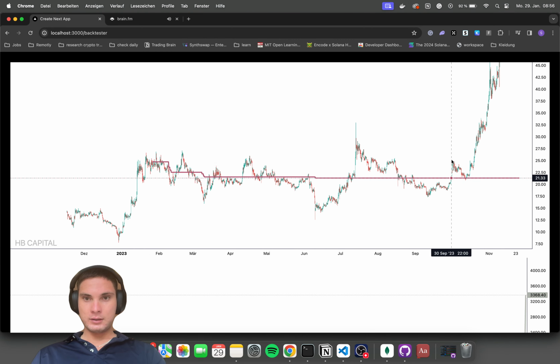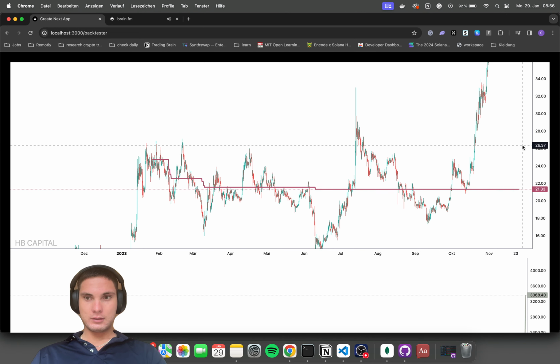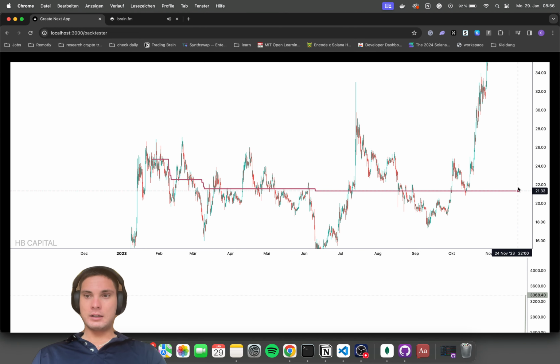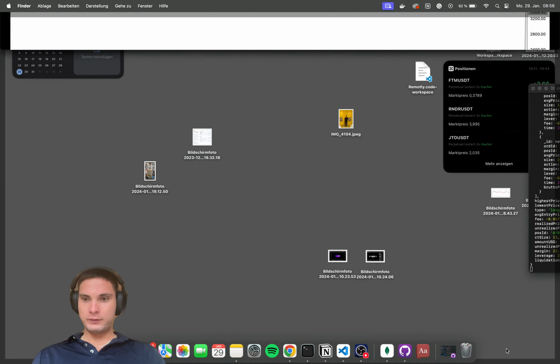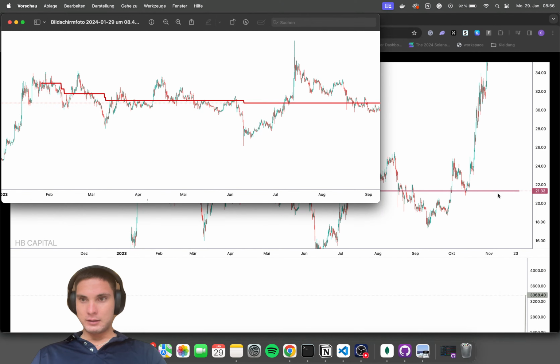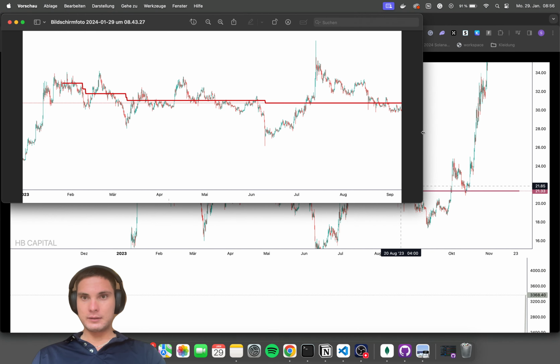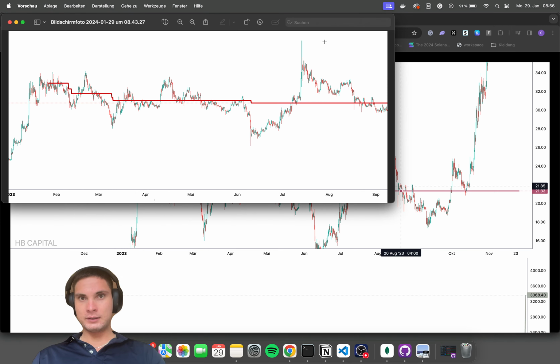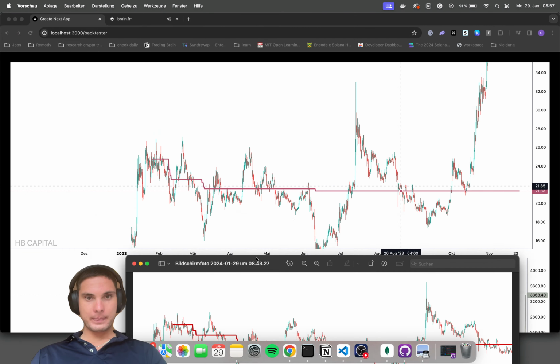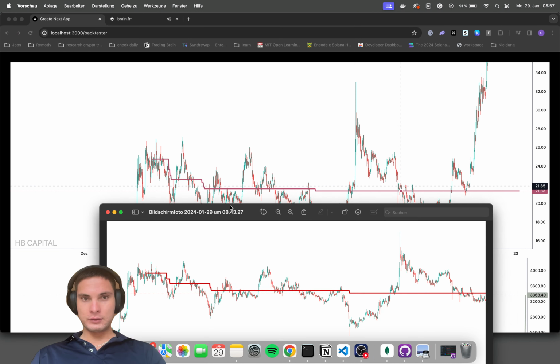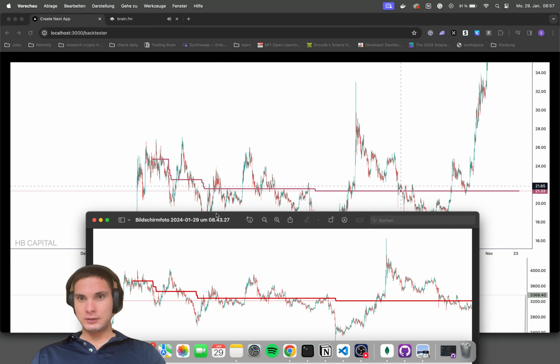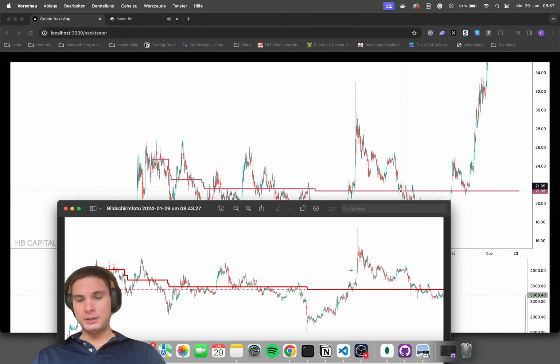Is this now better? Right now the average entry price is 21.33 at the end. And here, let's set this in comparison. I think it looks quite similar. So that's the peak here, and then we are a bit further down now. So this is better.